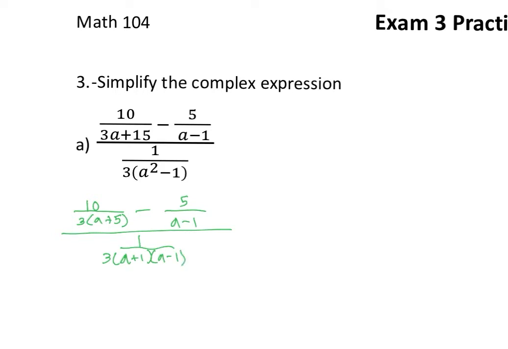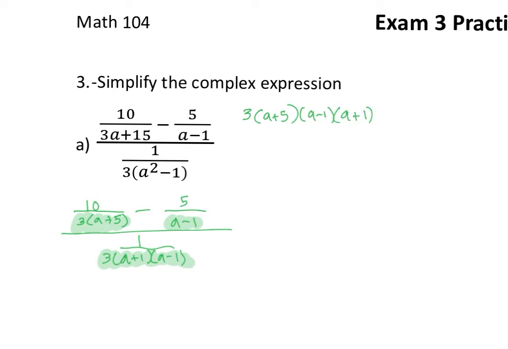So what I'm going to do here is find the LCD between my denominators. So here's each of my denominators. I am going to find the LCD between them. I have here a 3, an a plus 5, an a minus 1, and an a plus 1.